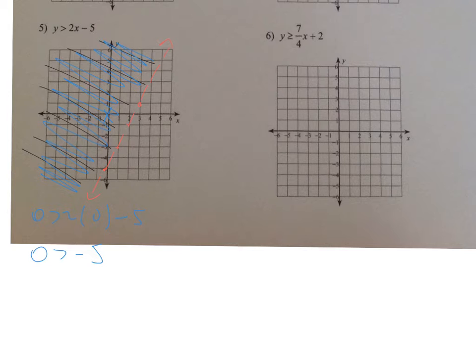Last one. y is greater than or equal to 7/4 x plus 2. We'll start at the plus 2. And 1, 2, 3, 4. I can't go up 7, so I'm going to have to do a double negative here. 1, 2, 3, 4, 5, 6, 7. And I went down 7, so I have to go to the left. 1, 2, 3, 4. And this is a solid line because it is a greater than or equal to.